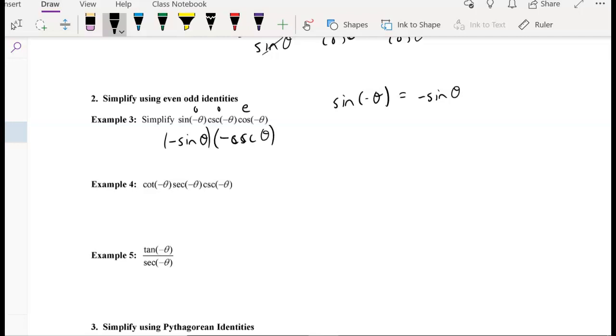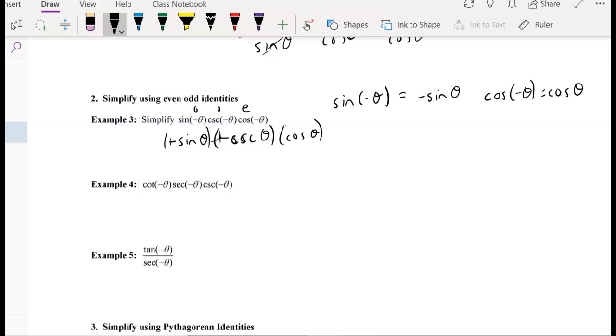And the cosine is even, which means for the cosine, what we're really going to get here is just dropping the negative. The cosine of negative theta is the same thing as the cosine of positive theta. So we just drop the negative. So this is the cosine of theta. A negative times a negative is a positive, so this just turns into positive here.